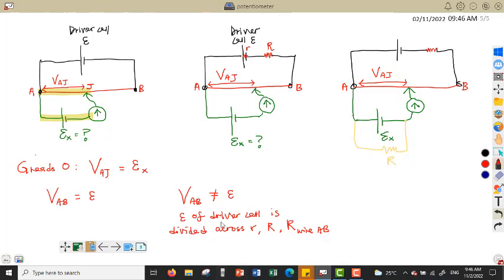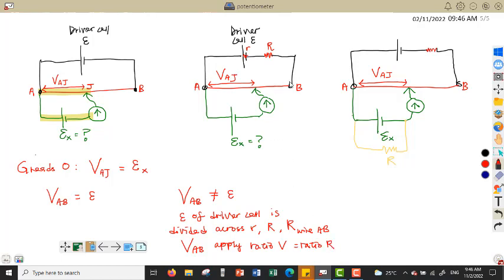So when we have this kind of situation, we have to determine the voltage across the wire AB by applying the concept that the ratio of voltage must equal to the ratio of resistance.